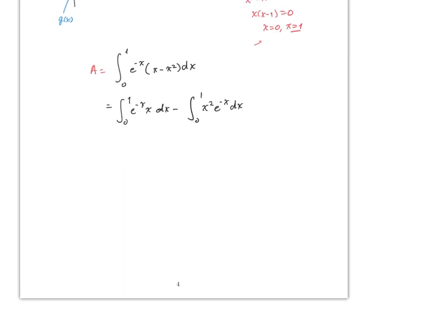Now you have to use integration by parts in this one and integration by parts in this one twice. So for this part, the u will be x, the dv will be e to the minus x, so therefore du will be dx, and here v will be minus e to the minus x.